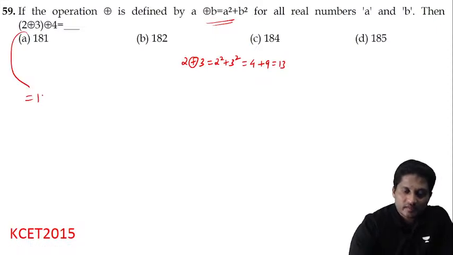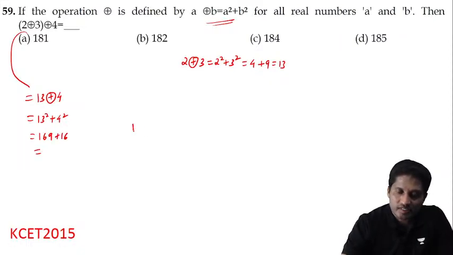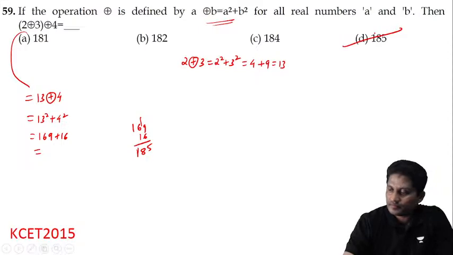Becomes 13 addition modulo 4, equal to 13 square plus 4 square. 13 square is 169. 4 square is 16. Okay, 169 plus 16 becomes 185. Answer is D.